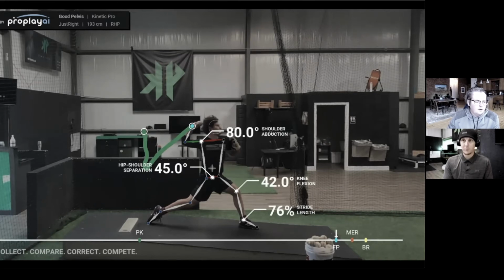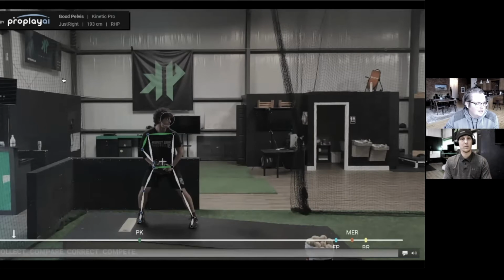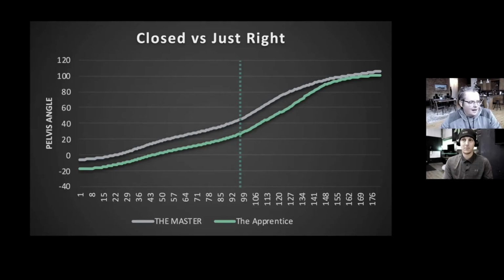Yeah, so you're seeing with the master here, he's getting his pelvis into a really good position to accept that energy from the lead leg. I'm going to jump one slide ahead here just to show this. Now you can see with the gray line, that's our athlete who's got that just right position we were talking about.